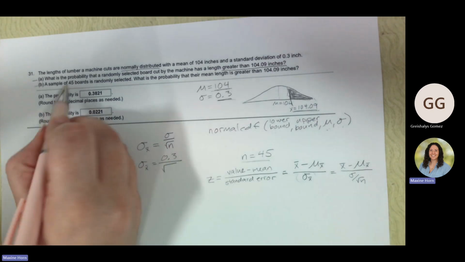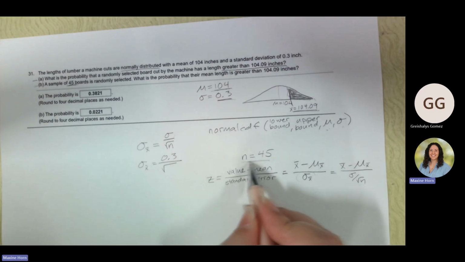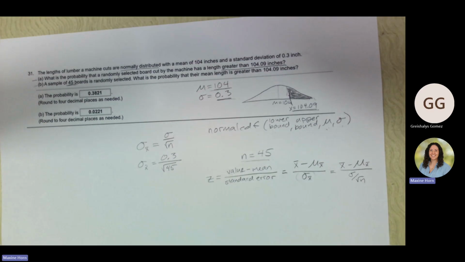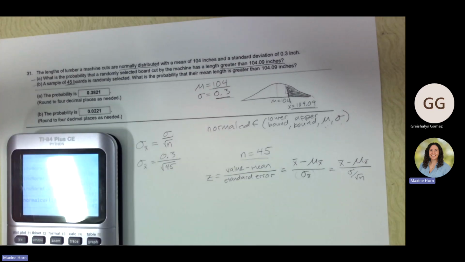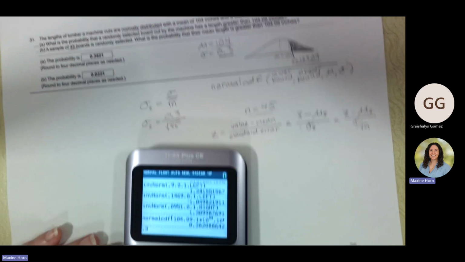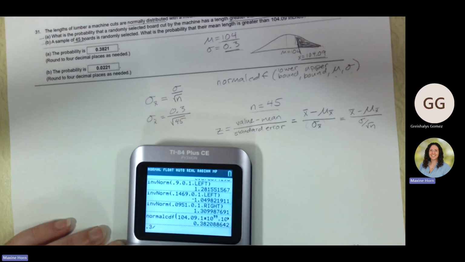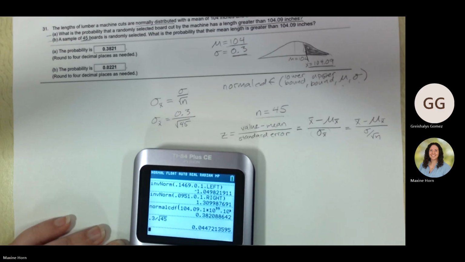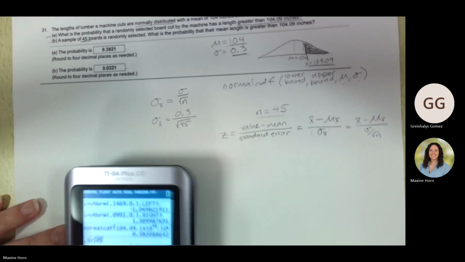N is 45. So we have 0.3 divided by the square root of the sample size. Okay, so we get that number. That is our denominator.